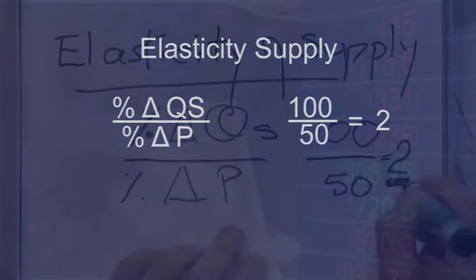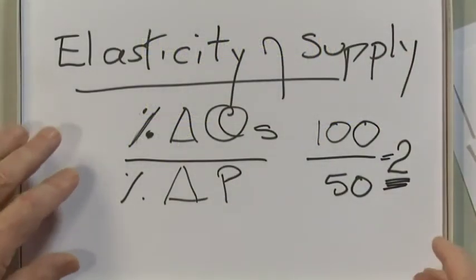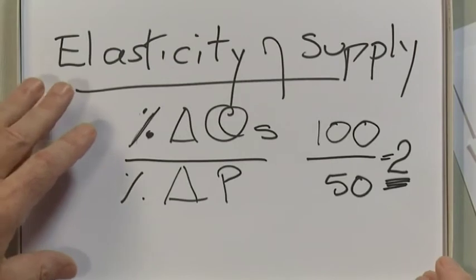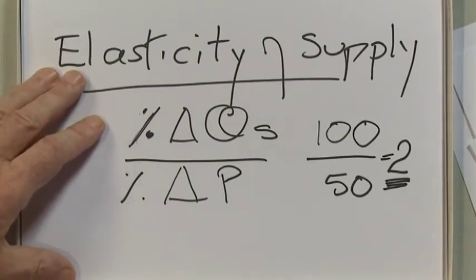What's the significance of that 2? It says for every 1% increase in the price, there'll be a 2% increase in the quantity of the good sold. If we were to now draw what that looks like, it looks something like this.